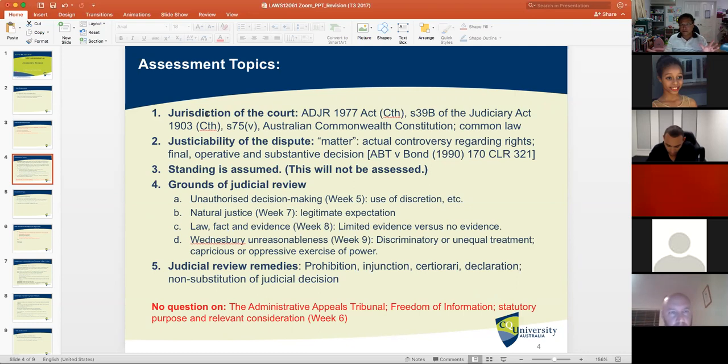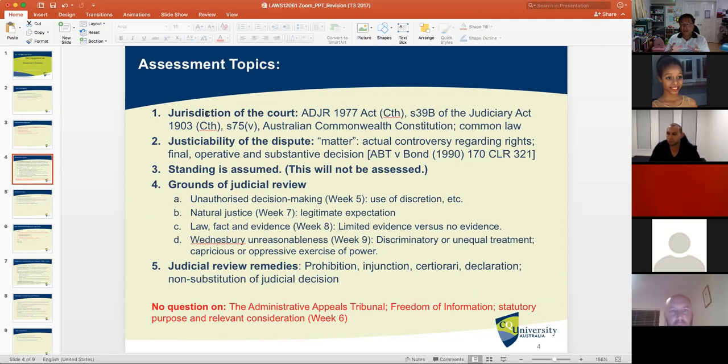Or Section 75(v) of the Commonwealth Constitution. If those are not available because they're limited to the writs of prohibition, mandamus, or injunction, or because the action is not against an officer of the Commonwealth. Remember the example where a decision could have been made under an enactment, for example, by the Vice Chancellor of the ANU.